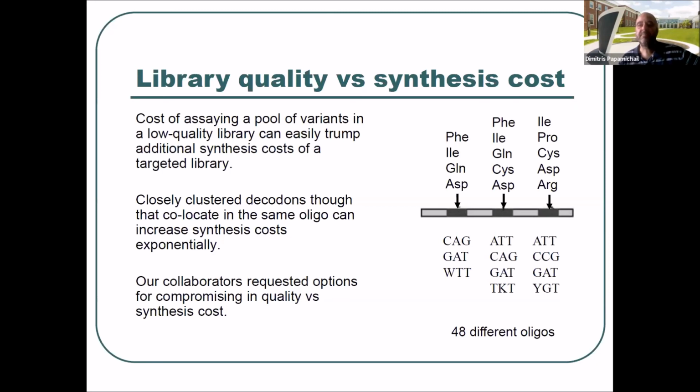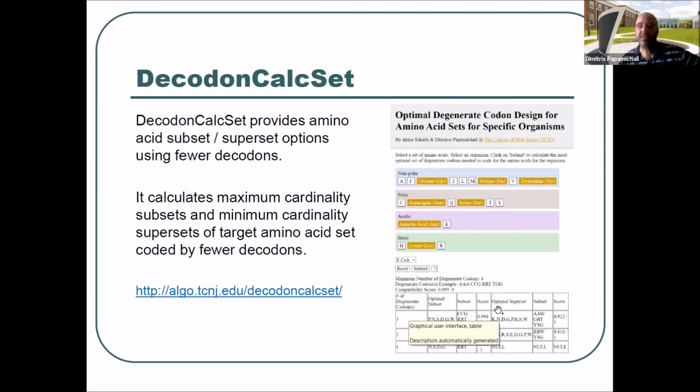And by providing both subsets and supersets, the researchers can decide whether they want to reduce the size of the library of useful variants, or they want to increase the number of non-useful and undesirable ones. So they can play with these 2 parameters to find what they're comfortable with, the numbers that they believe their assay later can deal with.